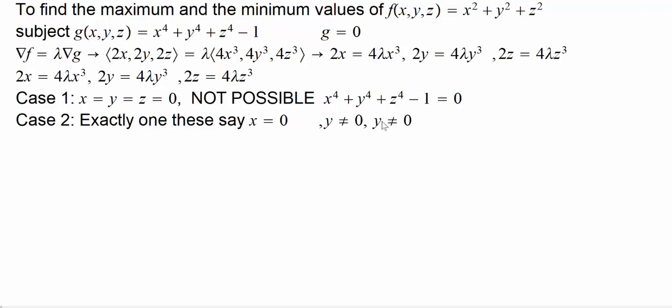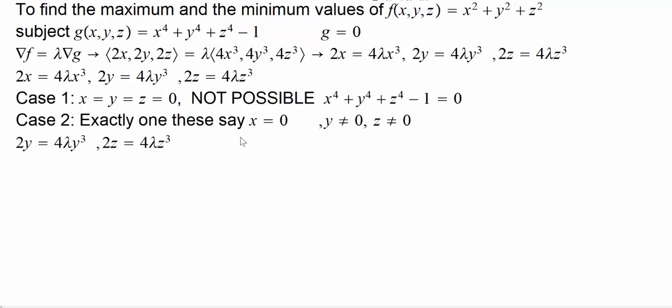So if we have this condition, then we are going to ignore the very first equation and use these two. When we use these two equations, what do they tell us?